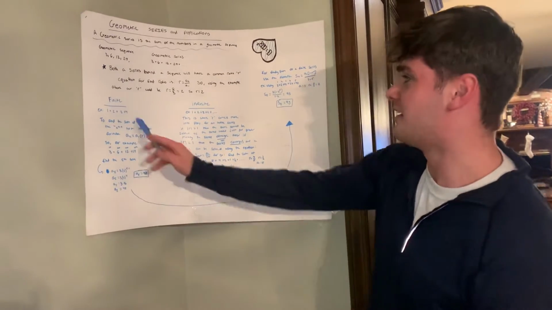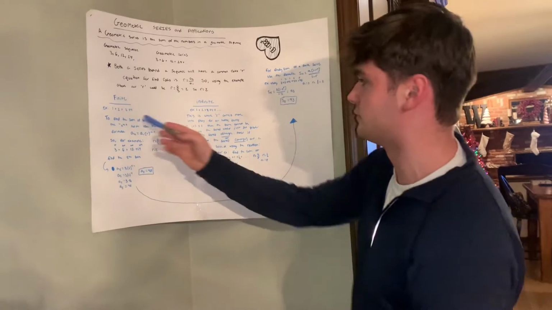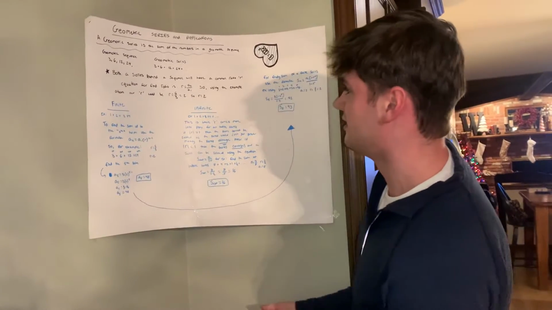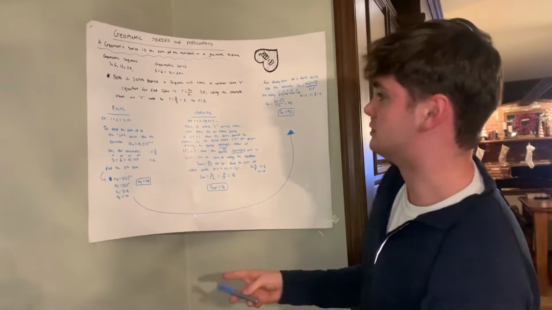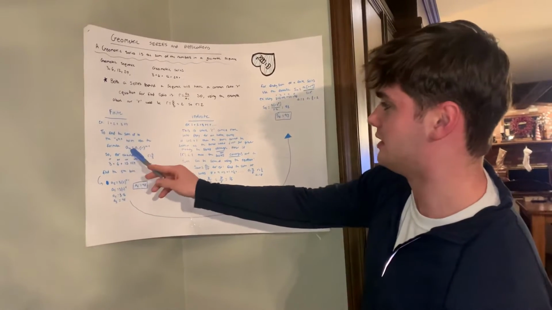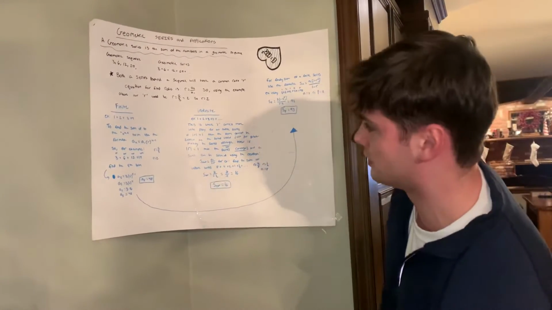So for finite, to find the nth term formula, let's say this has 4 numbers and you want to find the 5th term, even though the 5th term isn't on there. If there was a 5th term, you could use this formula: a sub n equals a1 times the ratio to the n minus 1 power.